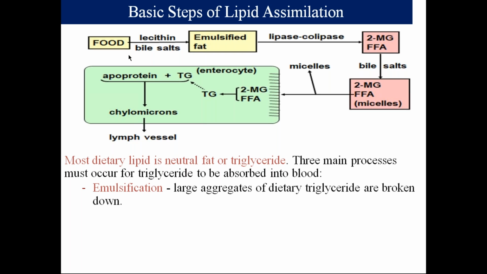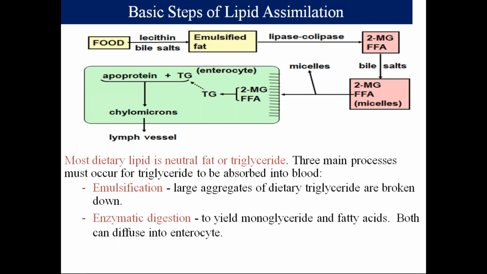Large aggregates of dietary triglycerides are broken down into smaller fat globules, in the presence of lecithin and bile salts which are present in the bile. Second step is that once it is emulsified, the emulsified fat is acted upon by the lipases and colipases to yield monoglycerides and free fatty acids.